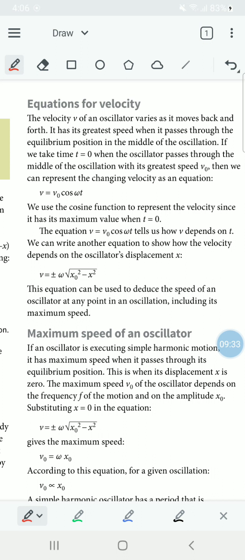When x equals 0 (at the equilibrium point, no displacement), the above equation will give the following result. You write V equals plus or minus omega square root of xo squared minus x squared. Then underneath that you substitute 0 instead of x, and that will give you this equation. Write down that equation.